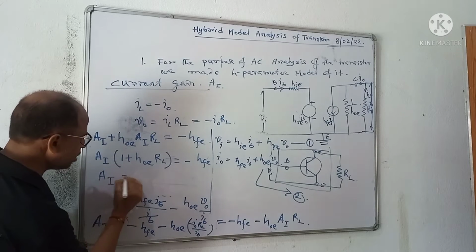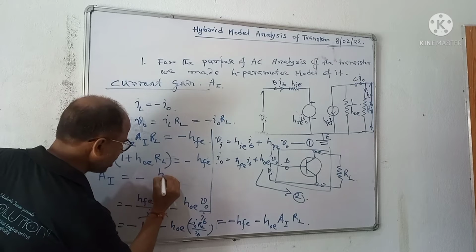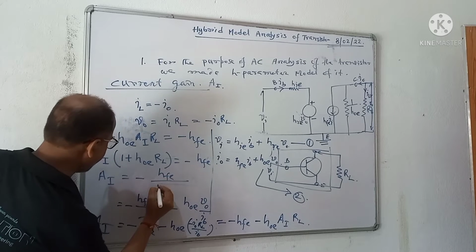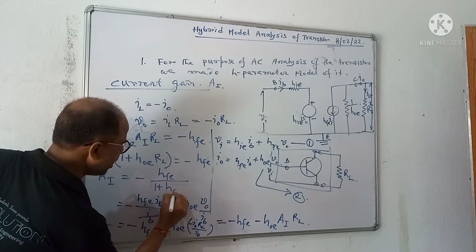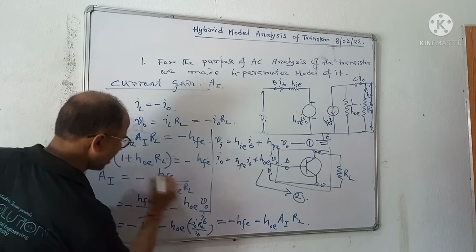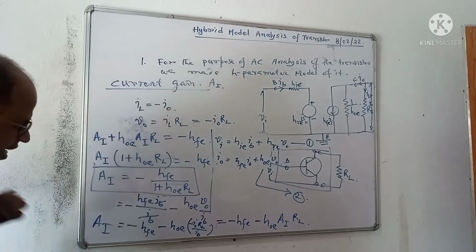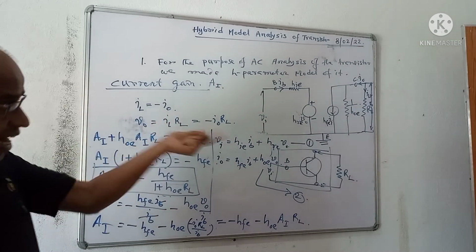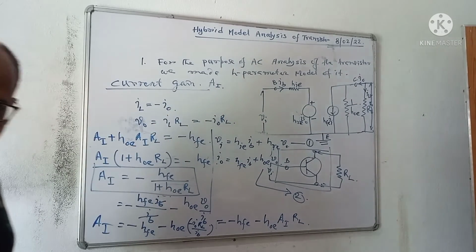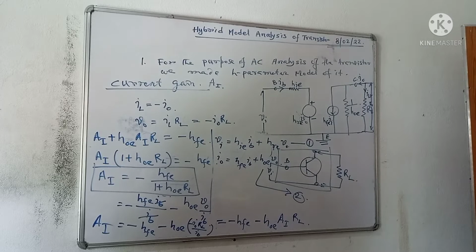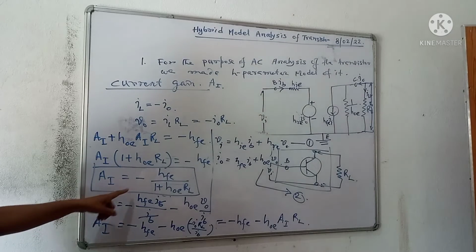Hence AI equal to minus HFE by 1 plus HOE into RL. This is the expression of current gain of the transistor with load.